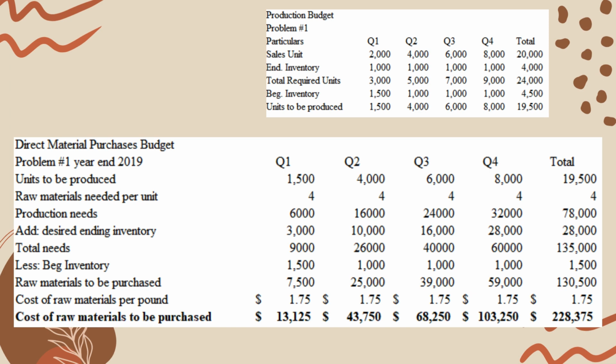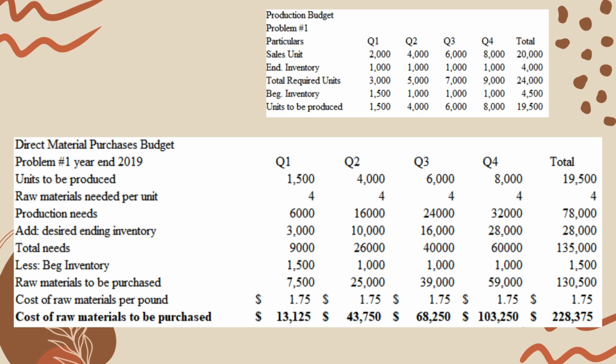After that, we add the desired ending inventory for the raw materials. We will assume that the company doesn't have indirect materials so that we can compute it easily, so direct materials is equal to raw materials. For example, in quarter 1, I assume that 3,000 is the desired ending inventory.